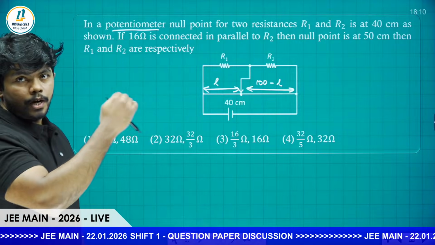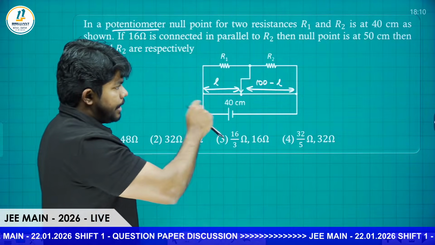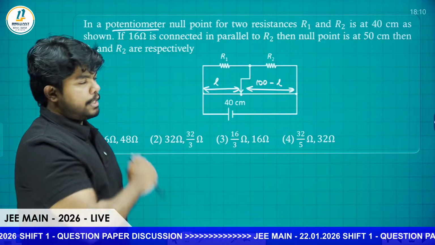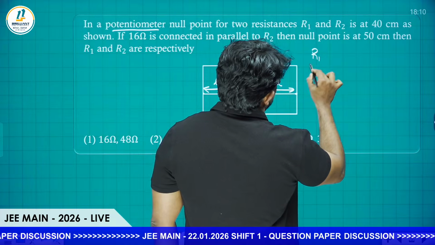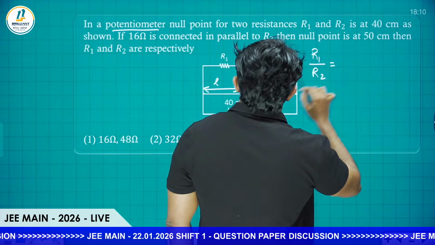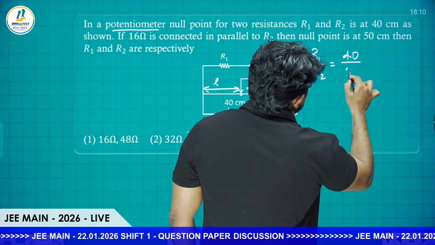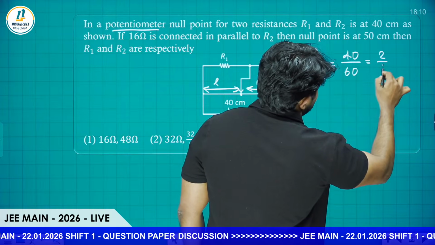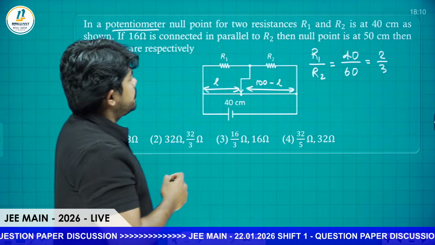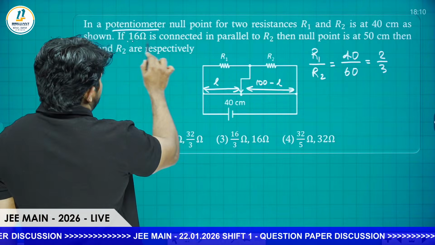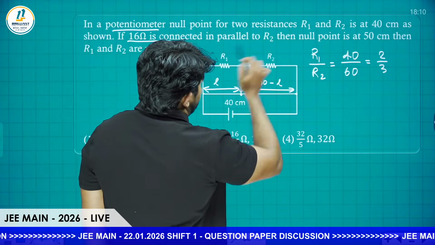So we can write R1 by R2 as 40 divided by 60. That will be nothing but 2 by 3, right? R1 by R2 will be 2 by 3. Now they are saying that a 16 ohm resistance is connected in parallel.